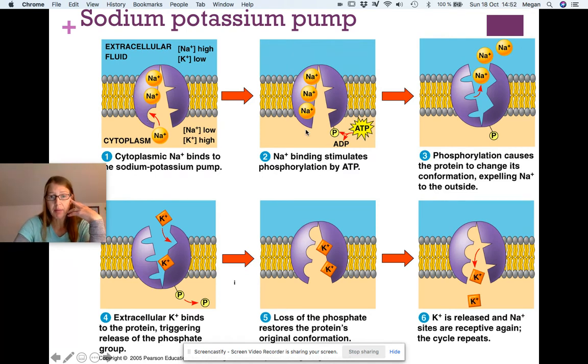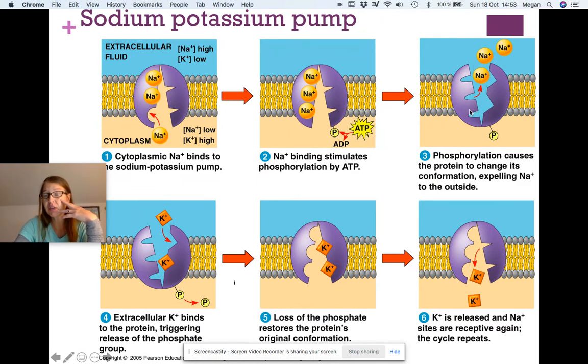The next step is that an ATP molecule will come and phosphorylate, so it drops off a phosphate like I showed you on a previous slide and now becomes ADP. This is giving that protein energy, enough energy for it to change shape. So now it has changed shape and it's open to the outside, and it expels those sodium ions.